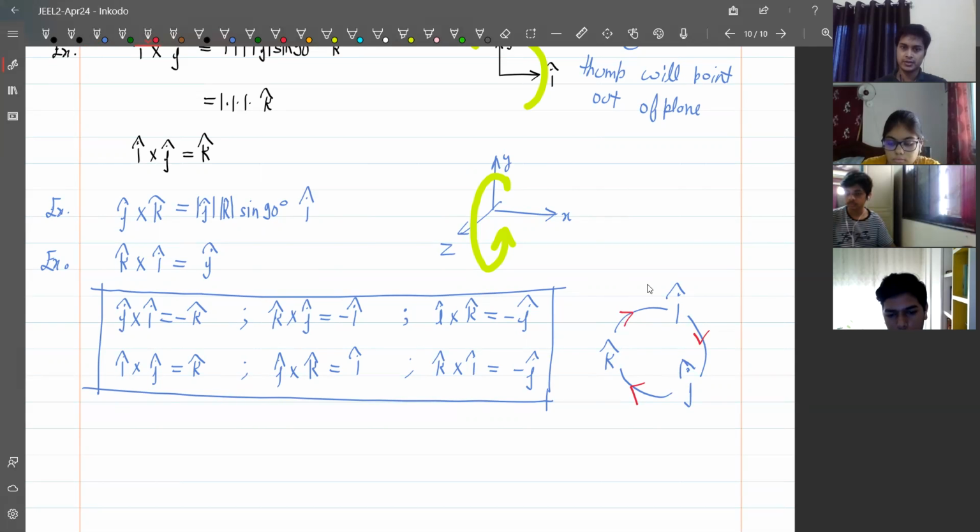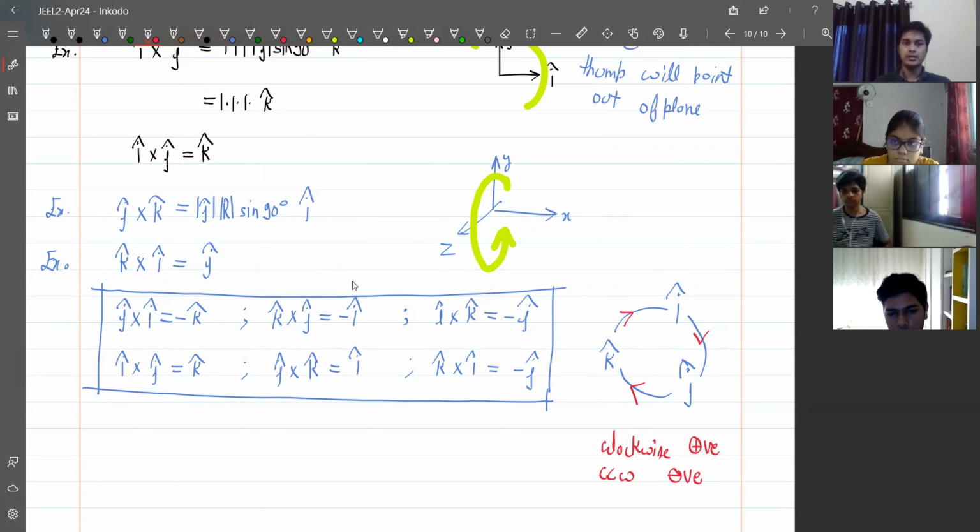If you go in the reverse, for example, you have to find I cross K, then it will be minus J. So in the clockwise, keep the sign as positive, and in counterclockwise, keep the sign as negative.